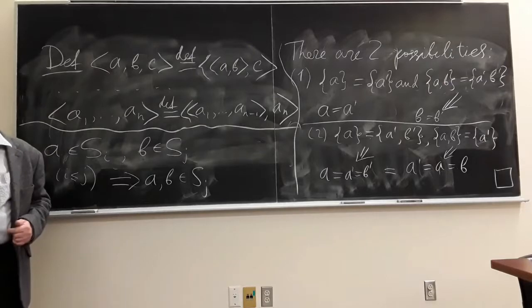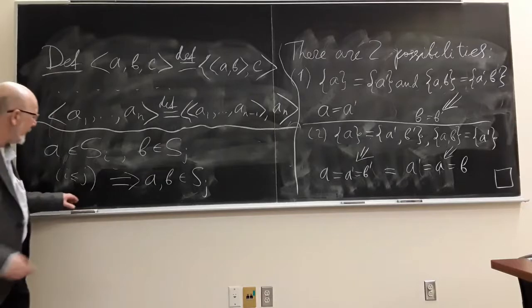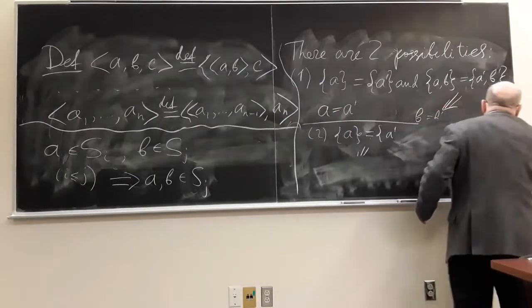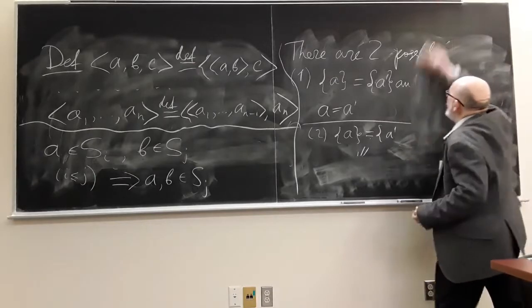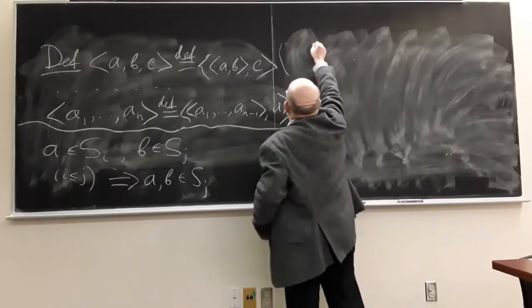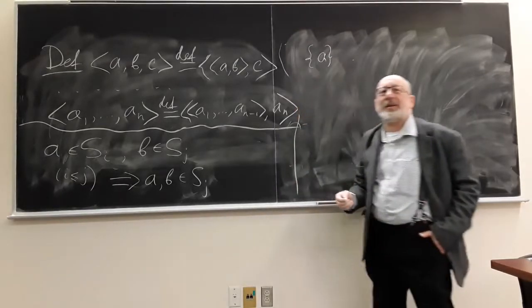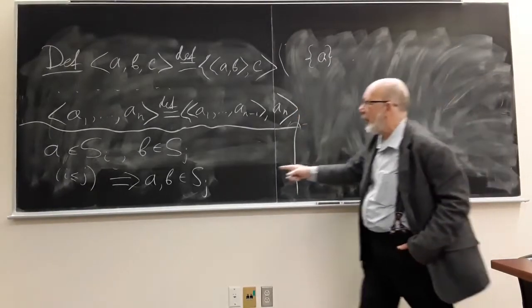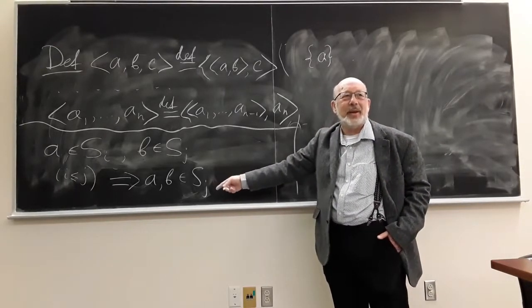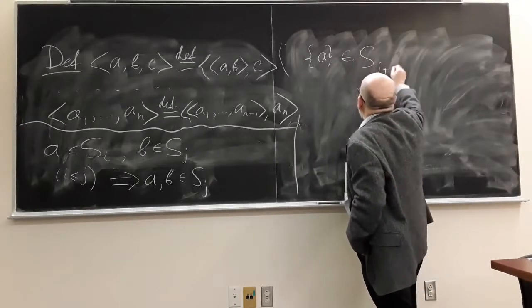So we can consider them both at one level. Then you can see that the set A with one element is a set with elements from Sj. Just one element, but nonetheless it is a set of elements of it. So it belongs to Sj plus 1.